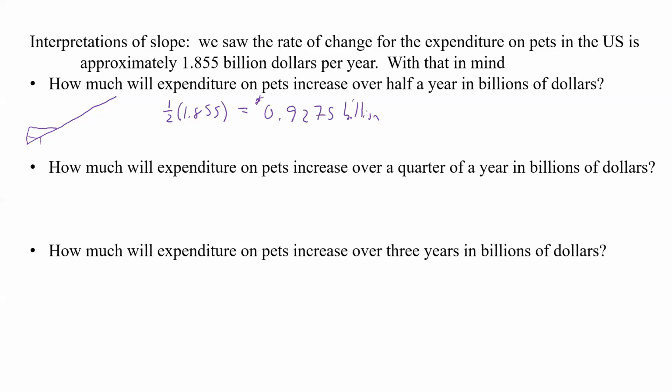Now, how much will expenditure on pets increase over a quarter of a year? Well, now we have to think about that. The input is only a quarter, so we're going to take a quarter times our slope. So we'll take 1/4 times the 1.855. If we divide that by 4, we're going to get 0.46375.